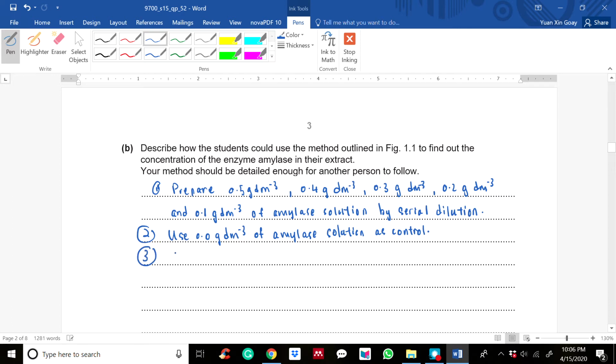Next step, after you prepare dilutions, you also need to prepare the starch agar plate. When you prepare the agar, you should keep the percentage of the agar constant. Prepare the same percentage of starch agar plate.